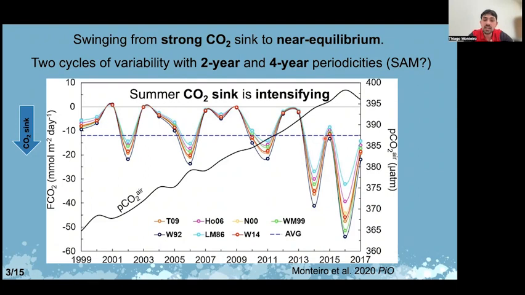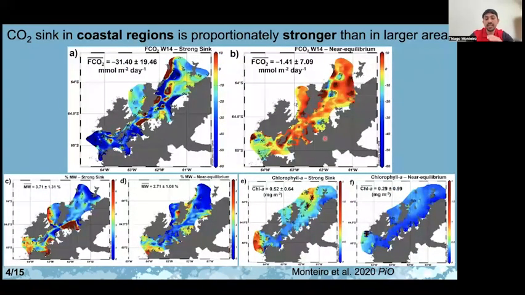And another important thing that I would like to highlight from this paper is that, as we can see, there is very different behavior, very different conditions. So we split here, on the top, the years of strong CO2 sink condition and near equilibrium condition.